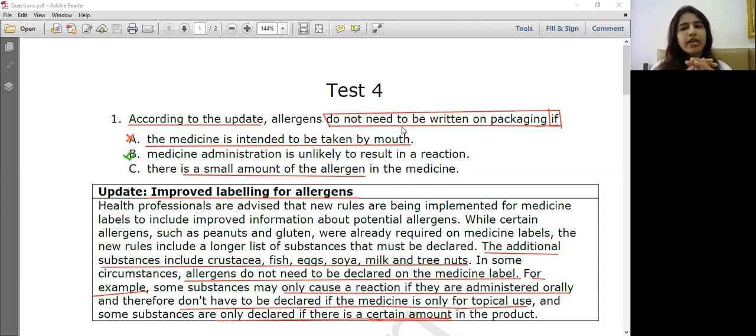I only try to read a specific portion carefully. That is only for detailed question, remember. So we only analyzed the portion which talked about when not to mention the allergens. And then both of them happened to be examples. And both the examples were kind of contradicting what is given in the paragraph.